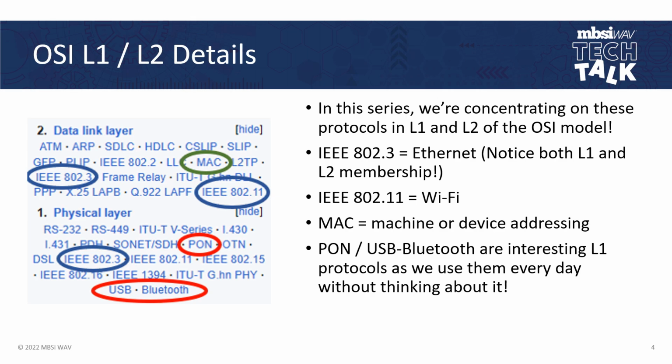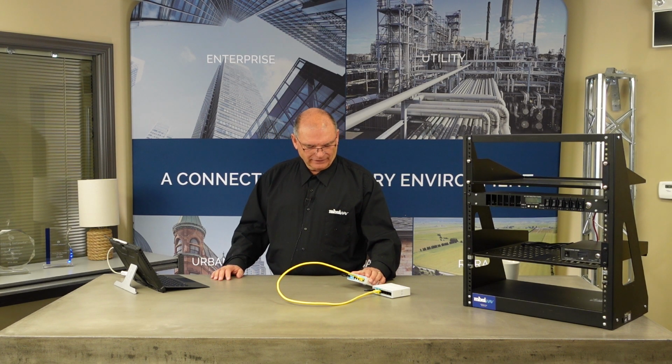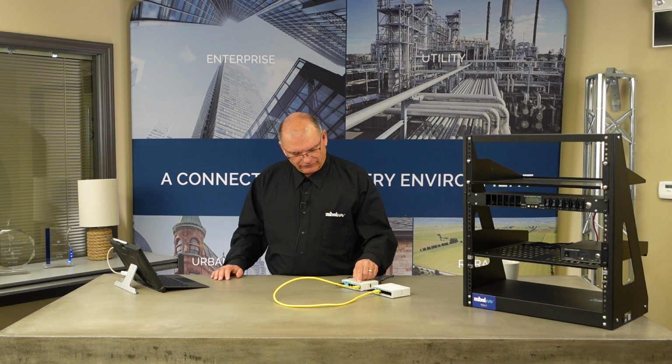So the layer that we're concerned about here, the data link layer in this case, is the layer that has the machine or the device addressing. When I have a switch like these routers that I have sitting on the table in front of me, each one of these ports has a unique MAC address, or a media access control address.